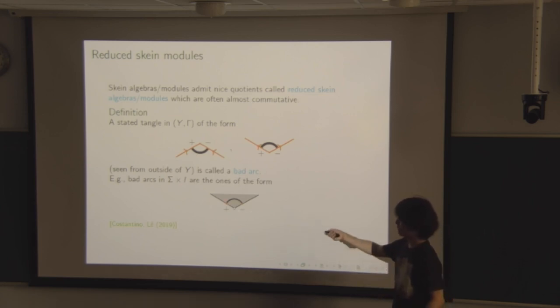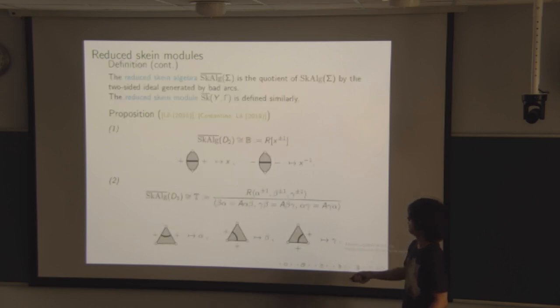So these are the bad arcs. And the reduced skein algebra, which I denote by the skein algebra with an overline, is a quotient of the stated skein algebra of the surface by the two-sided ideal generated by those bad arcs. And we can define the reduced skein modules in a similar way by killing those bad arcs.